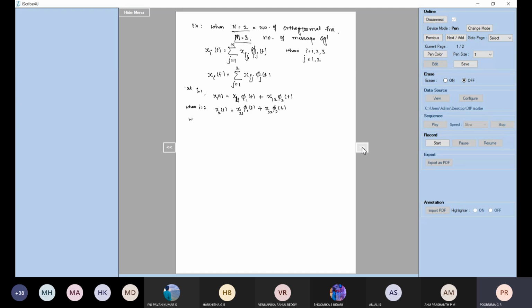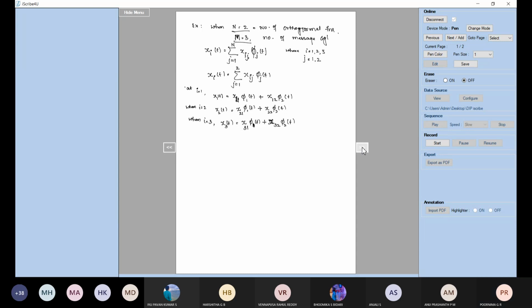Similarly, because i should range from 1 to 3, when i is equal to 3, x3 of t is equal to x31 into phi 1 of t plus x32 into phi 2 of t.